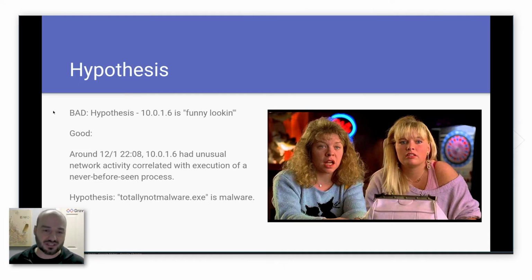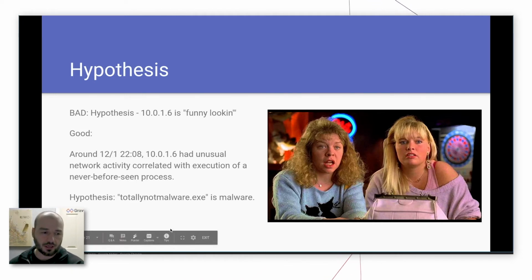Our hypothesis is that totally not malware.exe is in fact a liar, and it is malware, and that matters. Now that we've got our hypothesis, we can get into conducting the next points of our investigation. So I'll switch back over to the live system.